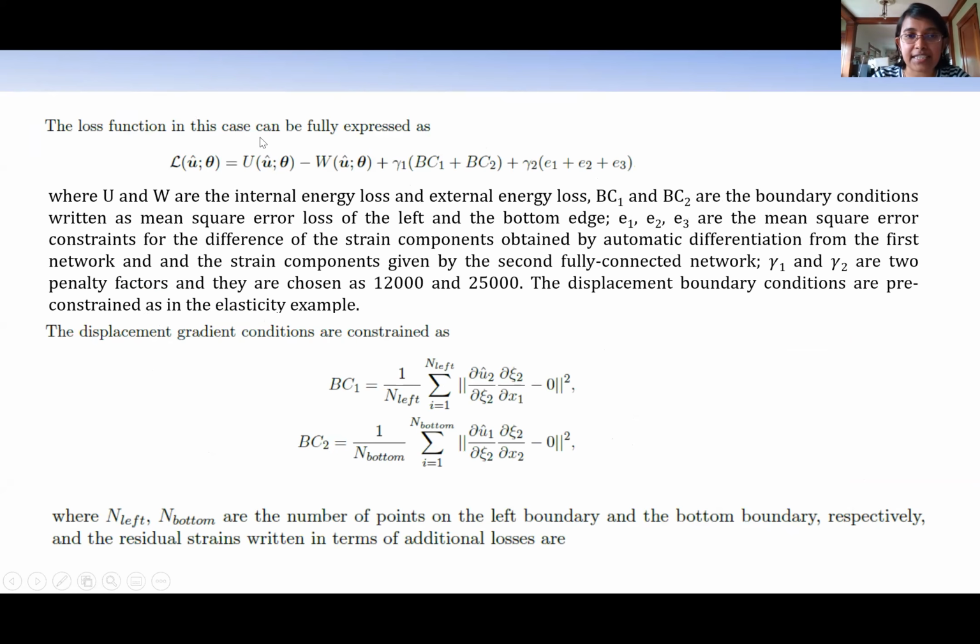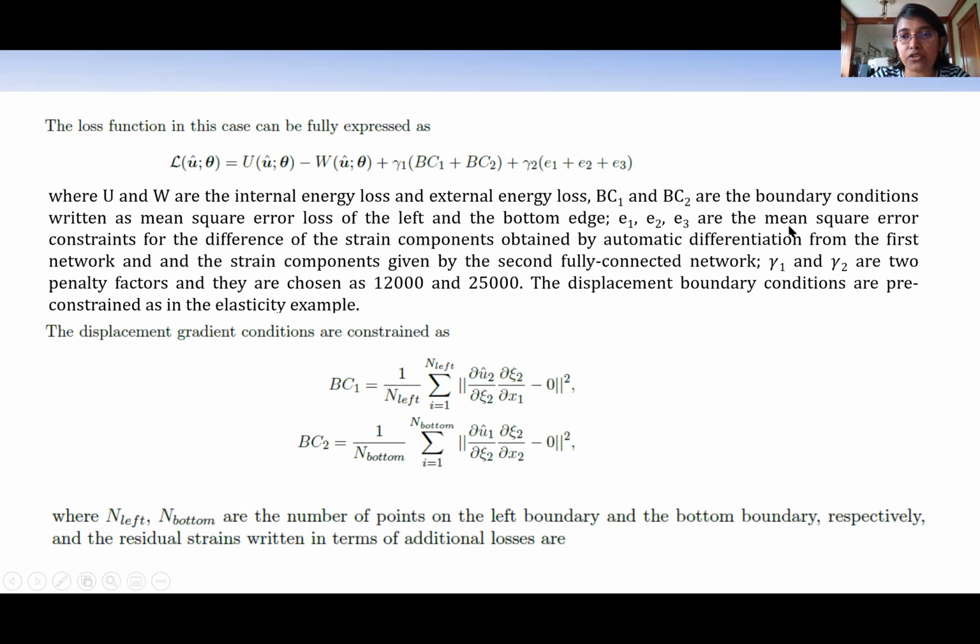The loss function in this case can be fully expressed as this, where U and W are the internal energy loss and the external energy loss. BC1 and BC2 are the boundary conditions, which are written as the mean square error loss of the left and the bottom edge.